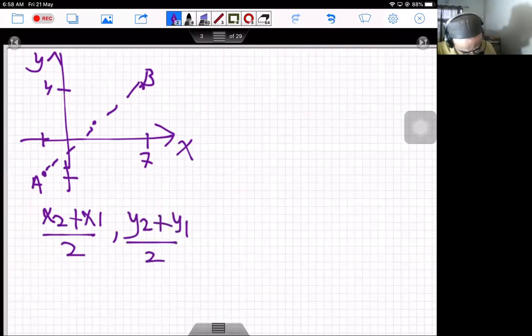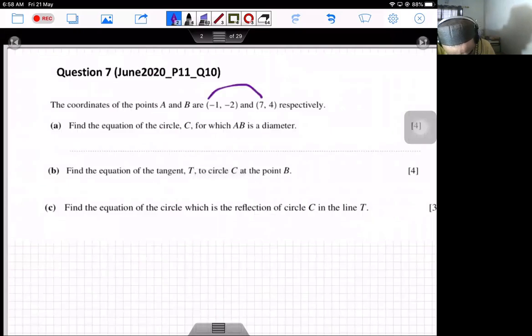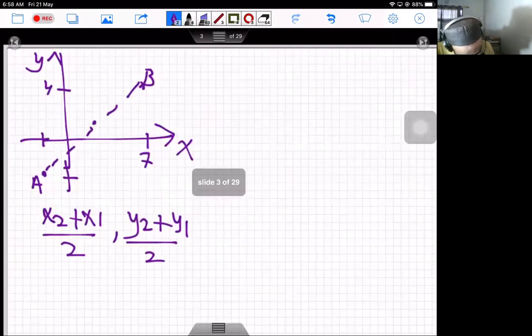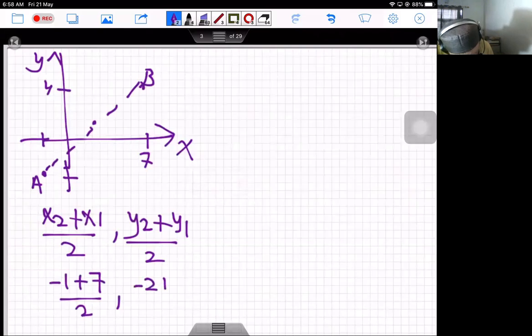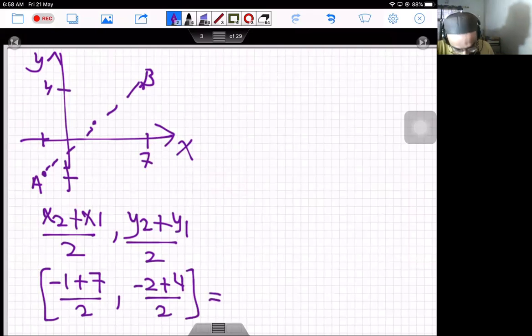So (-1 plus 7) over 2, comma (-2 plus 4) over 2. So the midpoint of AB: 7 minus 1 is 6, and 6 divided by 2 is 3, and 4 minus 2 is 2, and 2 divided by 2 is 1. So 3 comma 1 is the center of the circle.